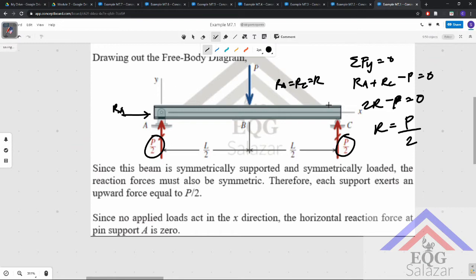There is no other load acting there, therefore there is no reaction force there. You can think of it as, since it's not moving here, there is no need for resistance at point A, and therefore there is no reaction load at point A.